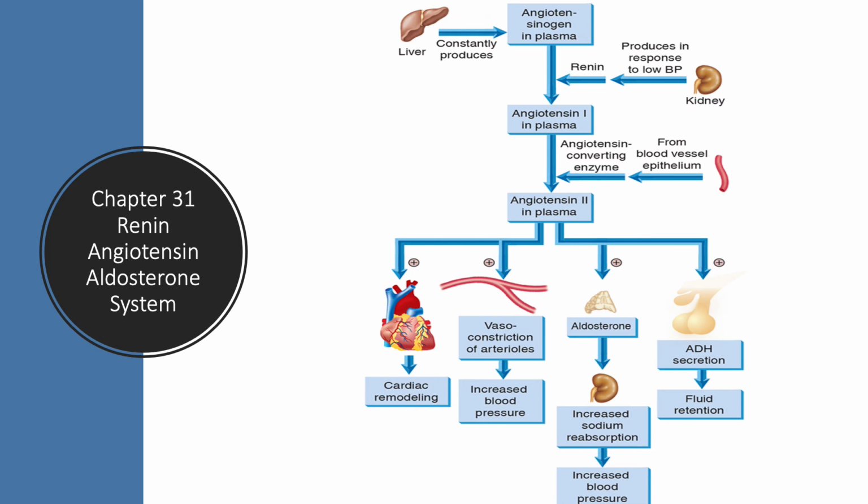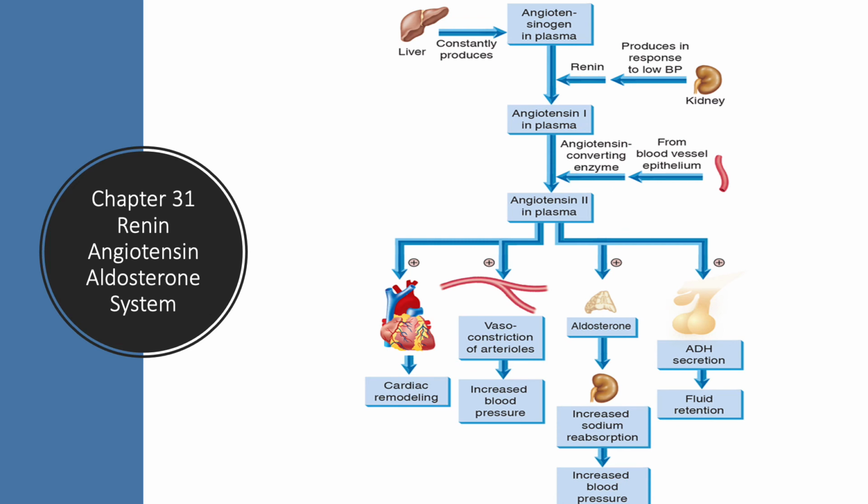Okay, so renin is secreted with low blood pressure, reduced perfusion to the kidneys. And it goes into the bloodstream and it converts angiotensinogen that's produced in the liver, like most proteins in the body, and it converts it to angiotensin 1.